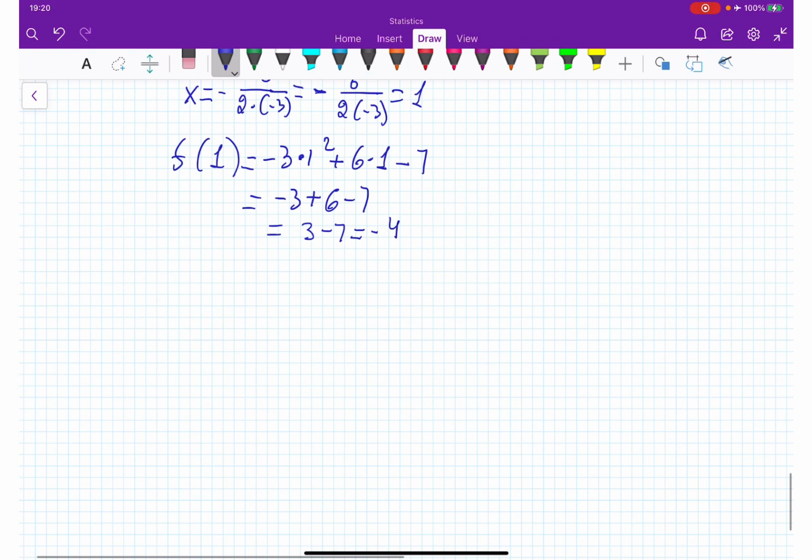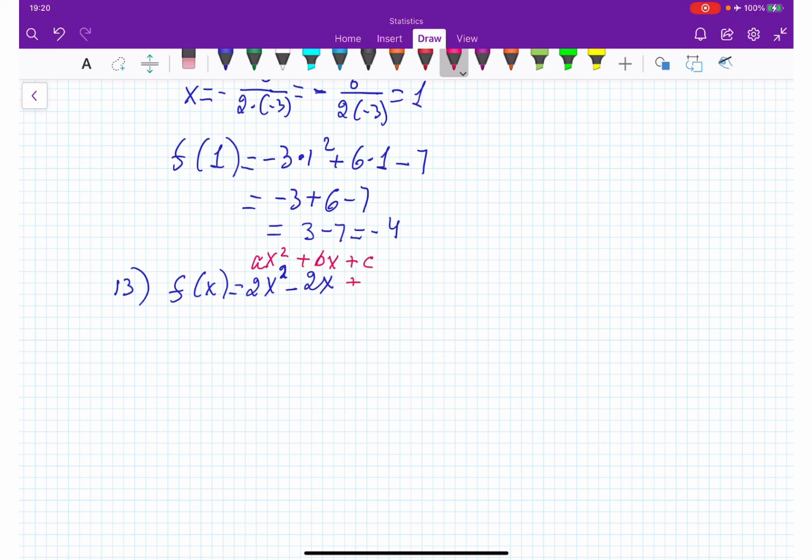Last question, it's interesting. Let's see, we have this time f of x is equal to 2x squared minus 2x. How are we going to solve this one? This is going to be interesting. Okay, so here we have ax squared plus bx and then plus c. c is going to be 0, right?